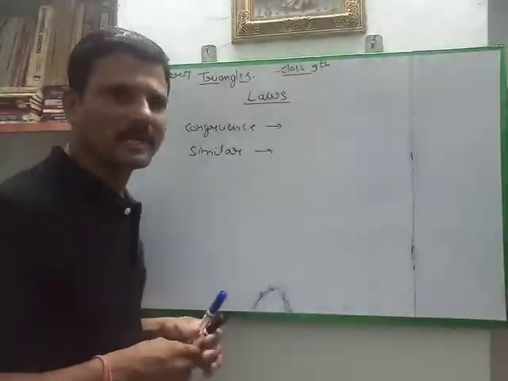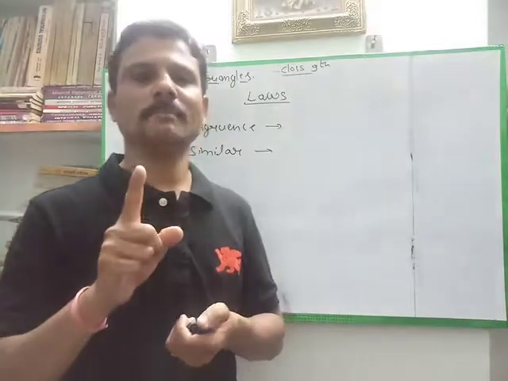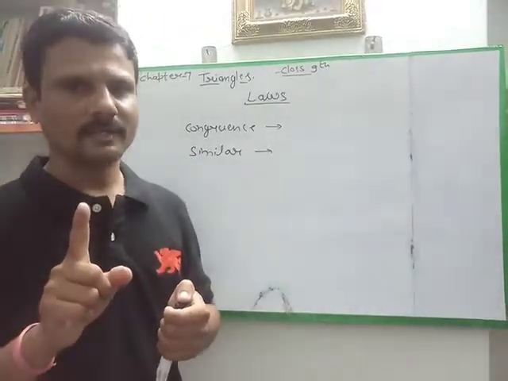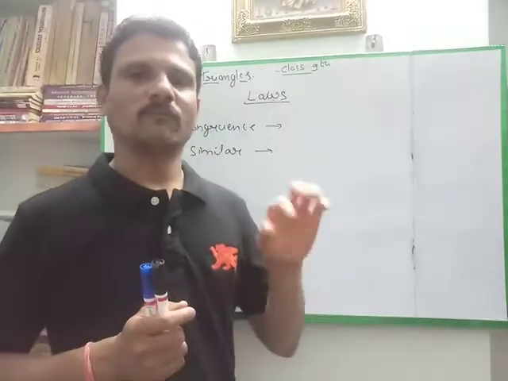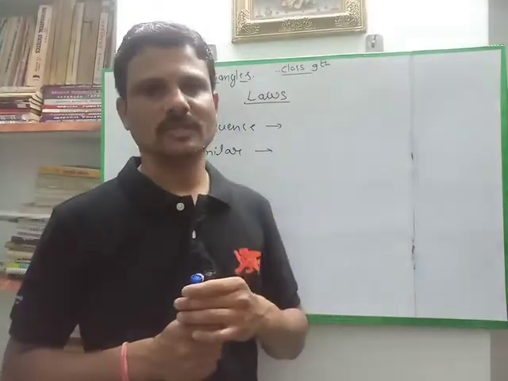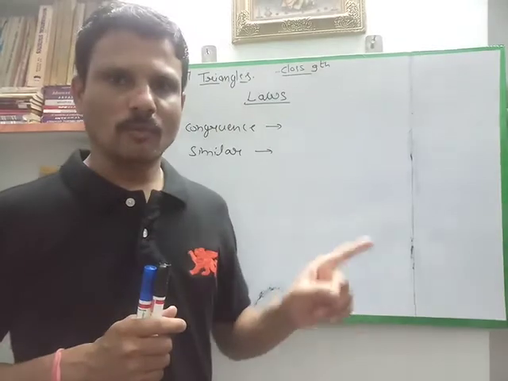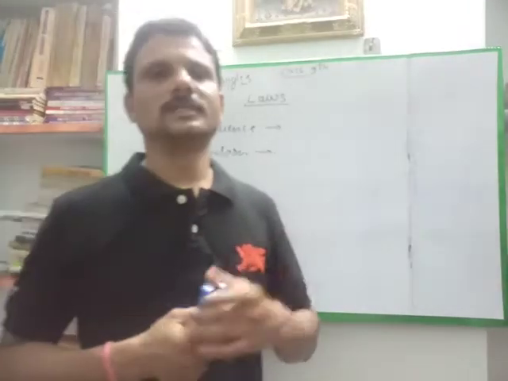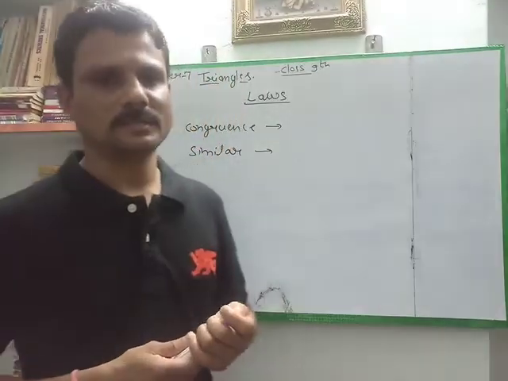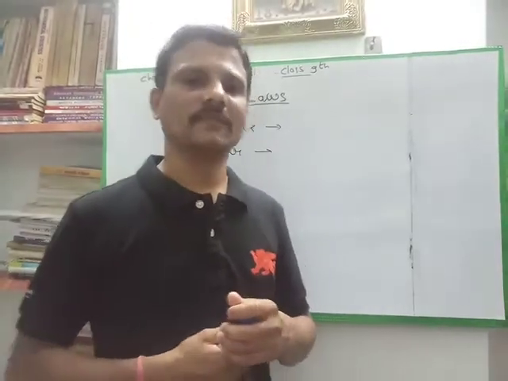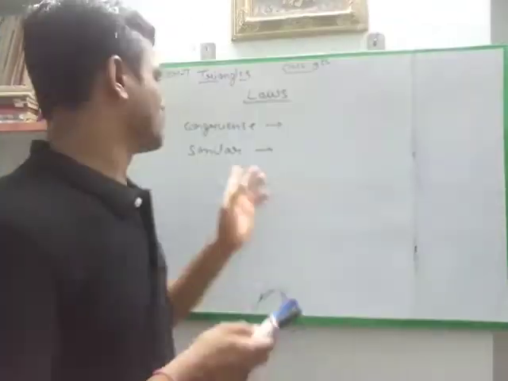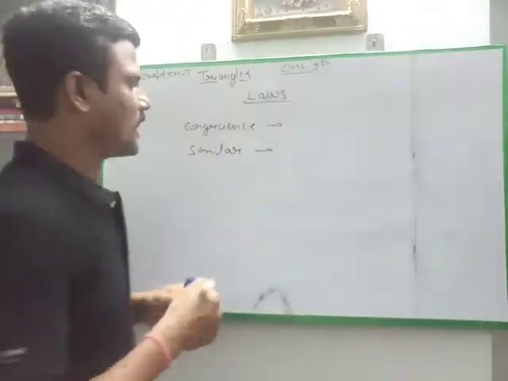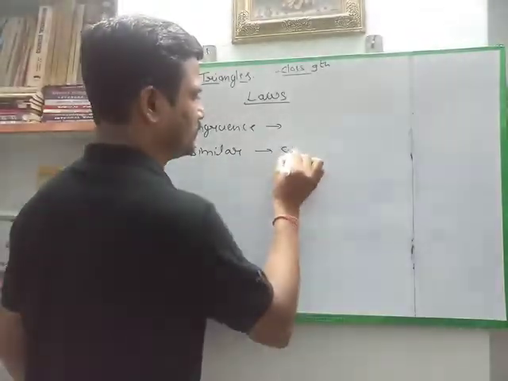Now similar shapes are the same but their sizes are different. Suppose one book of class 9th and one book of class 10th. Both shapes are cuboid, but the size can be different. The same goes for two pens or pencils. So similar figures means size is different.